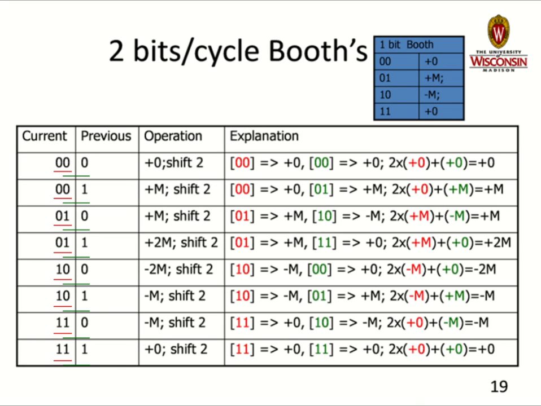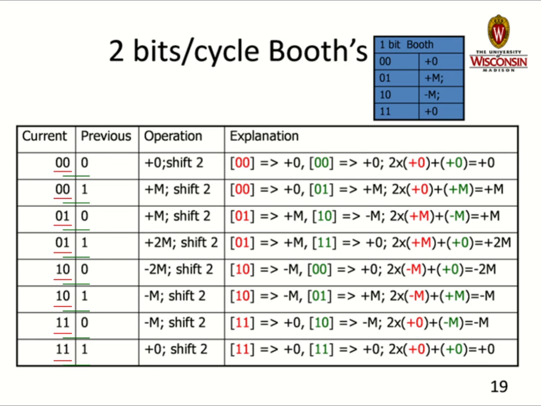The 2 bits on the right are underlined in green, the 2 bits on the left are underlined in red, and similarly the arithmetic shown in the explanation field of this table uses that same color coding to illustrate that we end up with the same result as what we get by simply examining the 2-bit Booth encoding rules. So let's just walk through the first row.